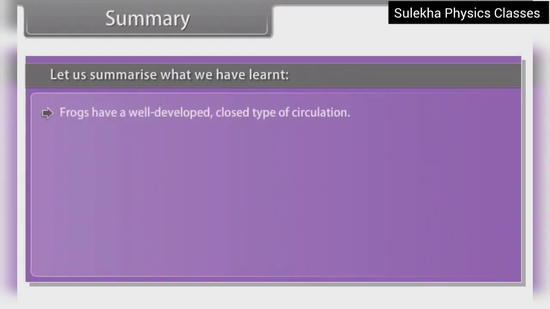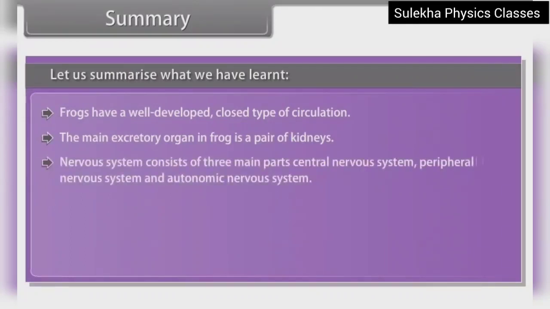Frogs have a well-developed closed type of circulation. The main excretory organ in frogs is a pair of kidneys. The nervous system consists of three main parts: central nervous system, peripheral nervous system, and autonomic nervous system.